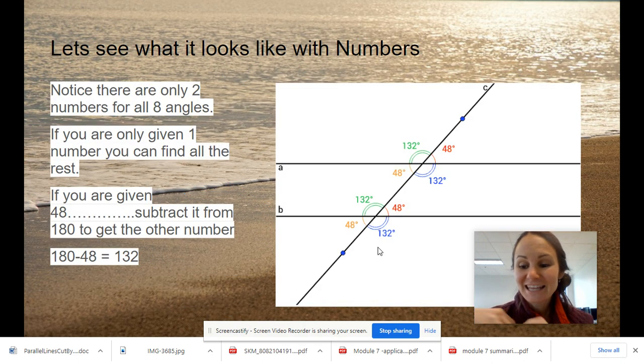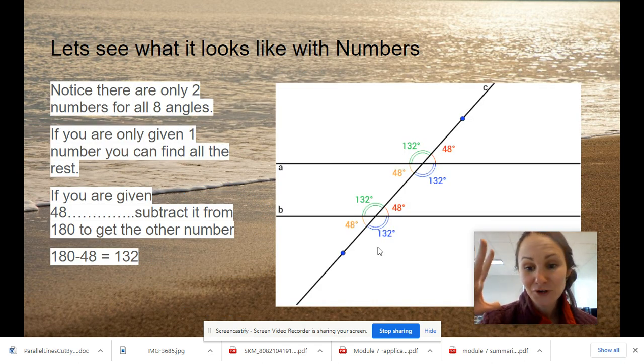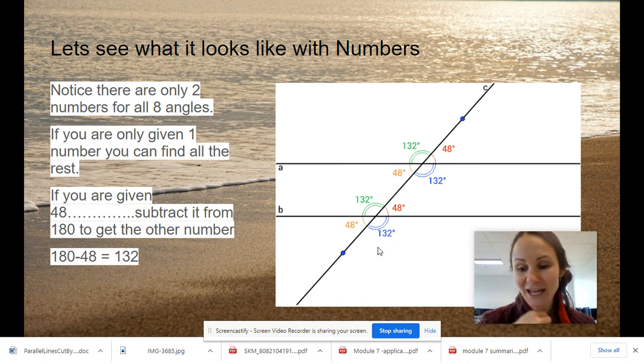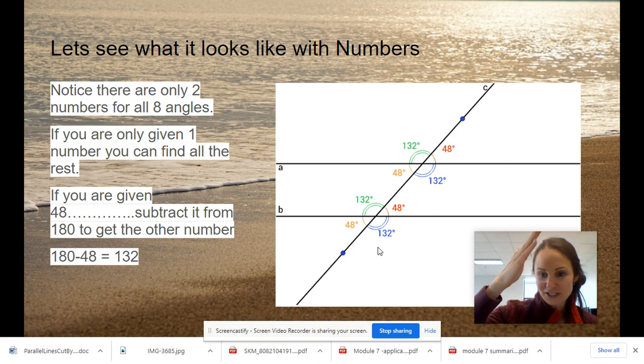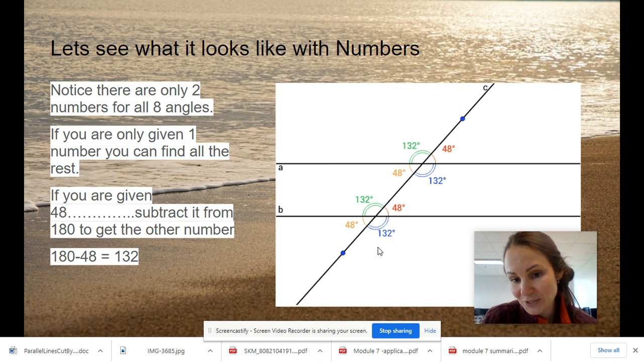Okay? Let's look at it now. If we looked at it with numbers, you're actually going to only have 2 numbers for all 8 of these angles. Okay? And it's easy kind of to start with the vocab that you know best, which I would think is going to be my vertical angles. So noticing angles across from each other are going to be the same. So I notice the green 132 is also going to make that vertical angle 132 as well.